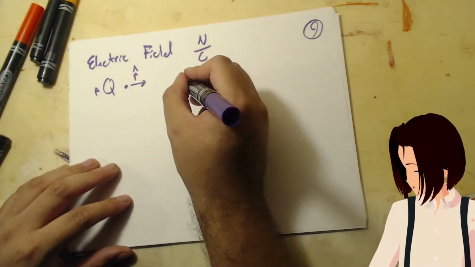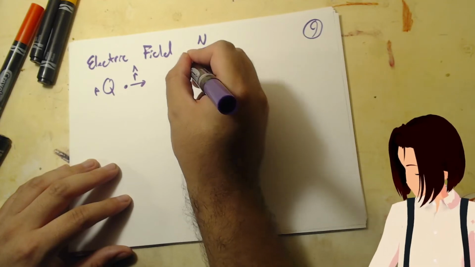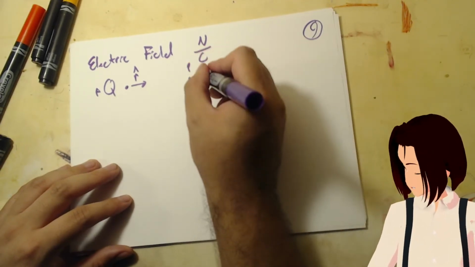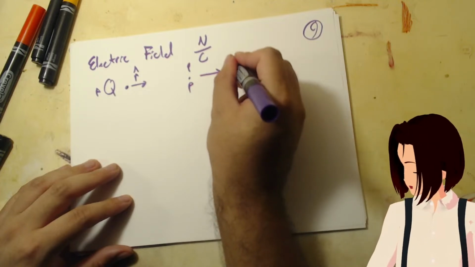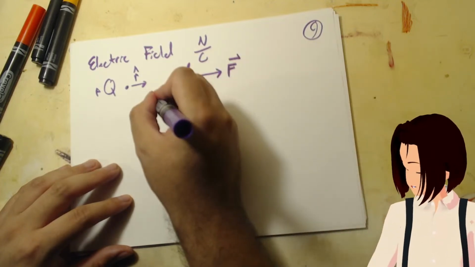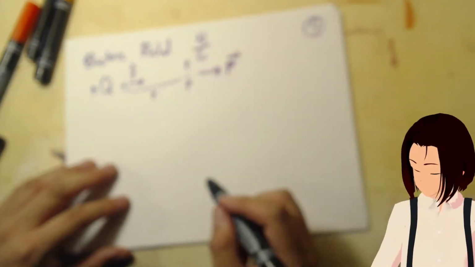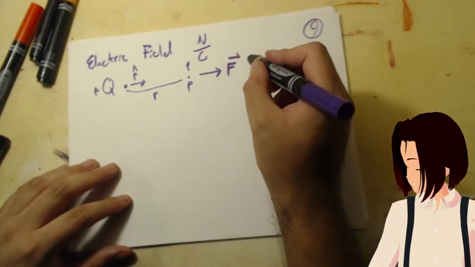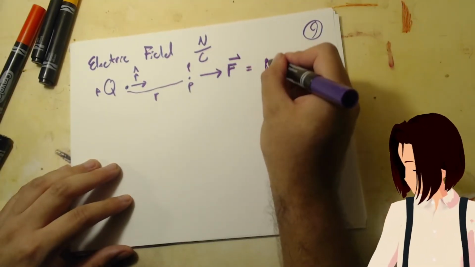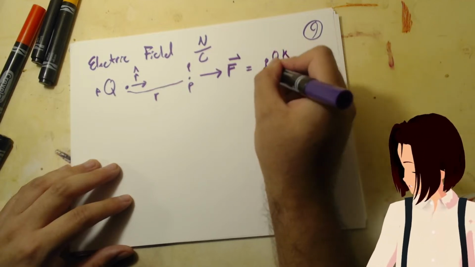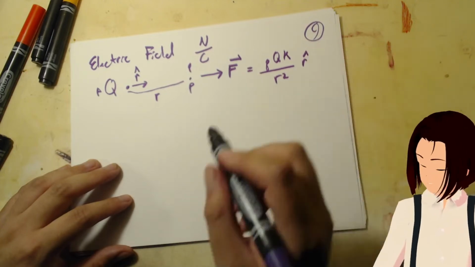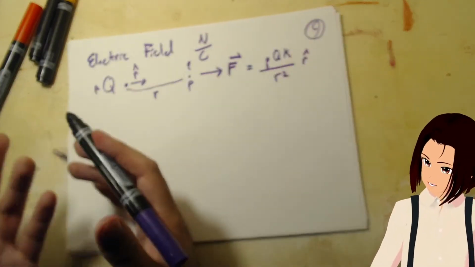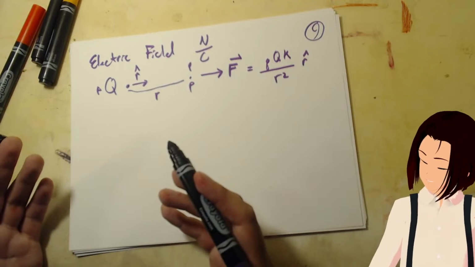So we have the point P, we have little q, and we have a force exerted on little q by big Q. We're going to call that F, and the distance is r between them. So we know the force. Force is equal to little q, big Q times some constant over r squared, r-hat. We know that from what we did before, from Coulomb's law.